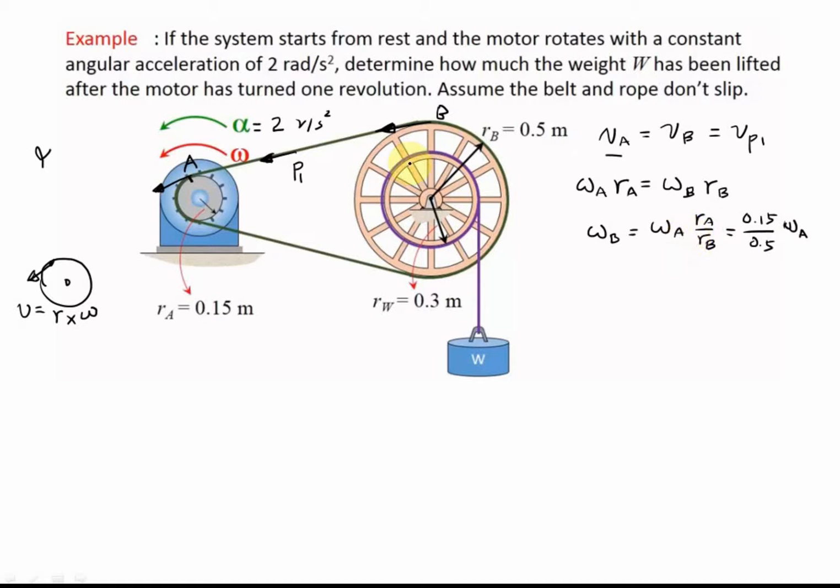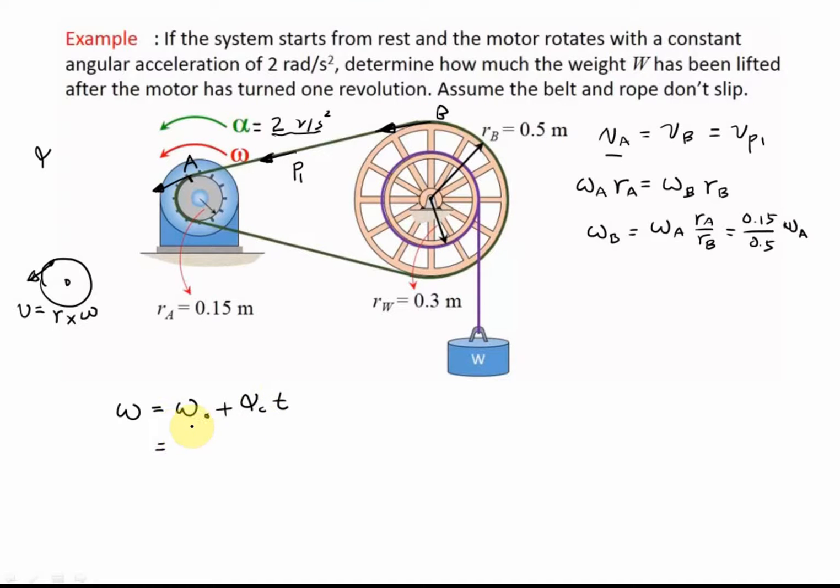Now the small motor has turned 1 revolution, and it has a certain angular acceleration. So omega is equal to omega naught plus angular acceleration times t.